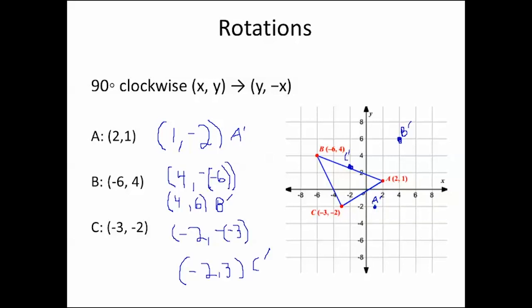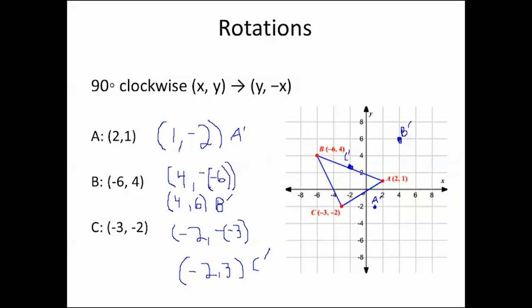As you work through B prime and C prime, you may have noticed that our original x values were negative. So when we have our negative x value, that negative is going to cancel and give us just a positive. So our B prime location is going to be at 4, 6, and our C prime location ended up being at -2, 3.